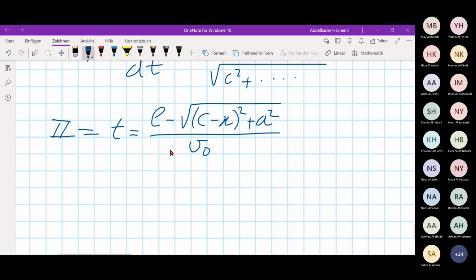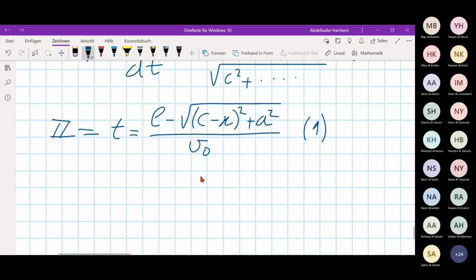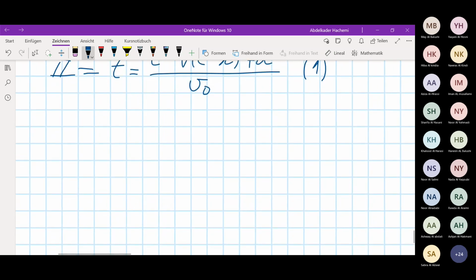I call this equation 1, and the other one equation 2. Then I put 1 into 2, which will give the expression of x dot as a function of x.